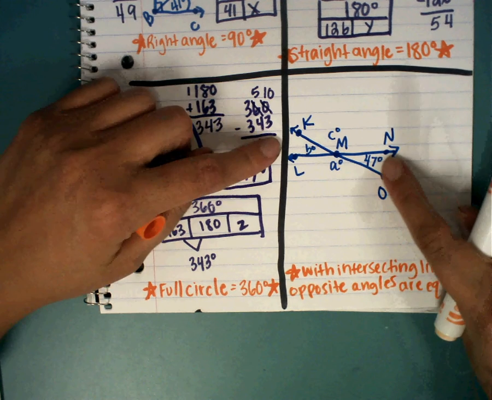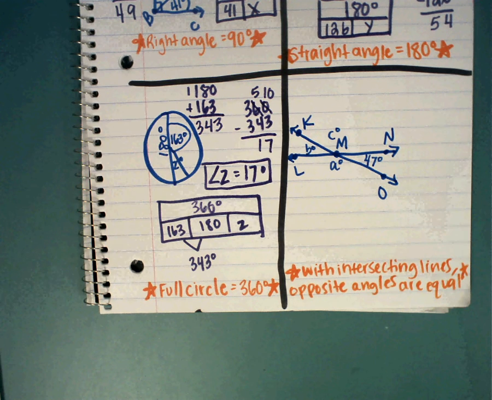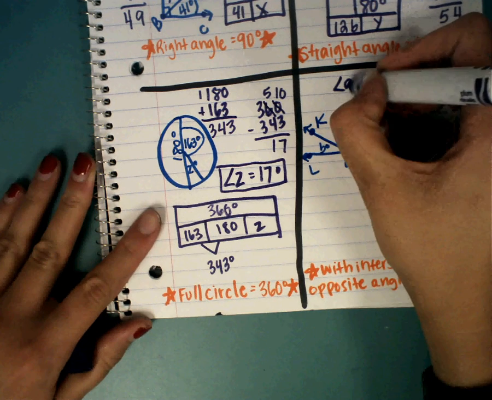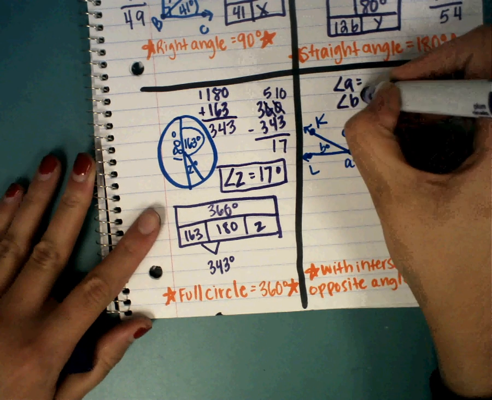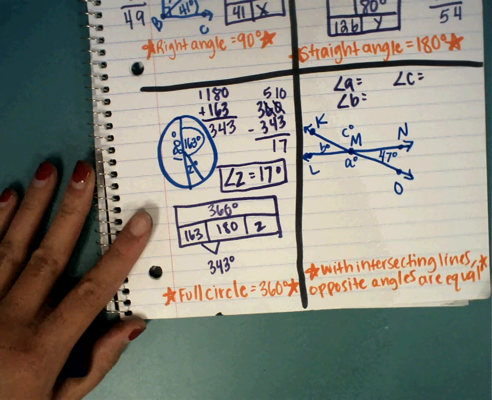So I know that if this is 47 degrees, this has to also equal 47 degrees. How cool is that?